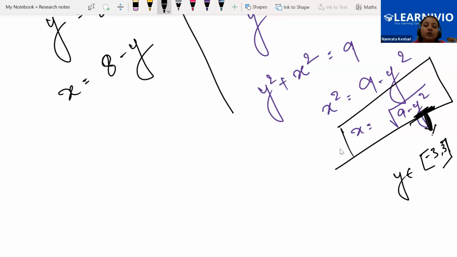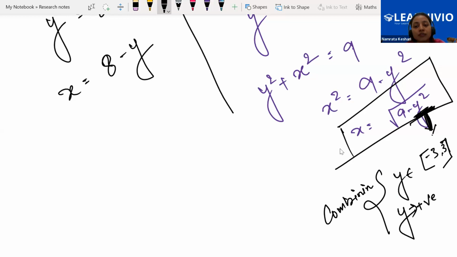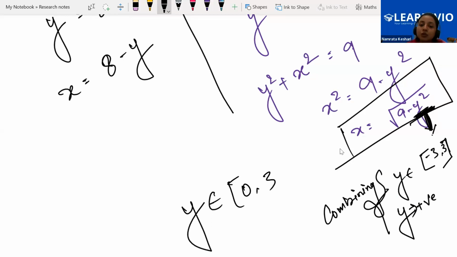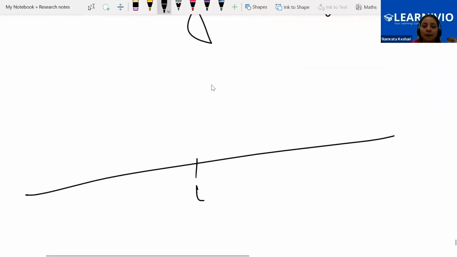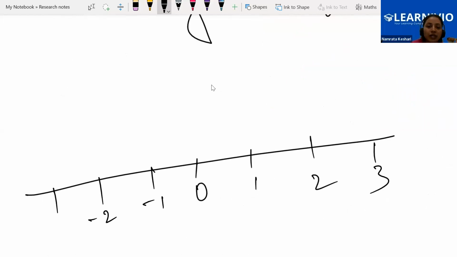But according to our observation, y has to be positive only. So are you able to analyze from here, combining these two conditions? We will come to a conclusion that y will be from 0 to 3. Getting it? Yes. y will be positive number and y will lie in between -3 to 3. Let me show it on the real line. 0, 1, 2, 3, -1, -2, -3.